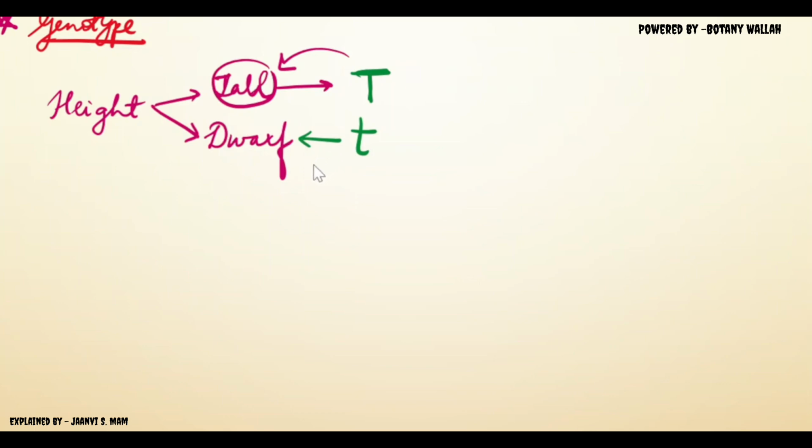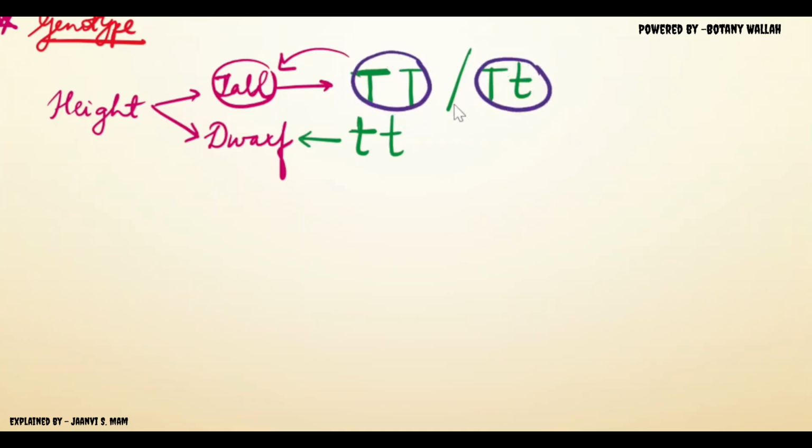Tallness can be capital T, capital T small t, and dwarfness is just small t. I will speak about this in some time.